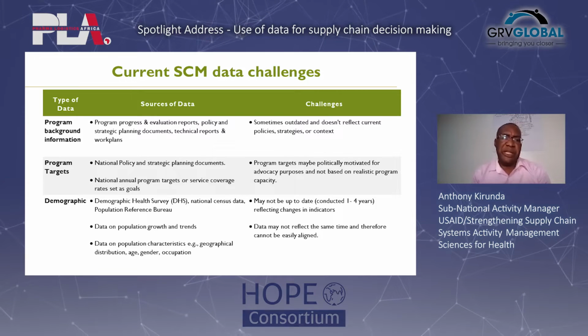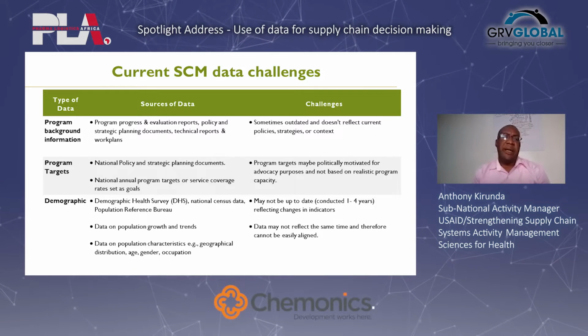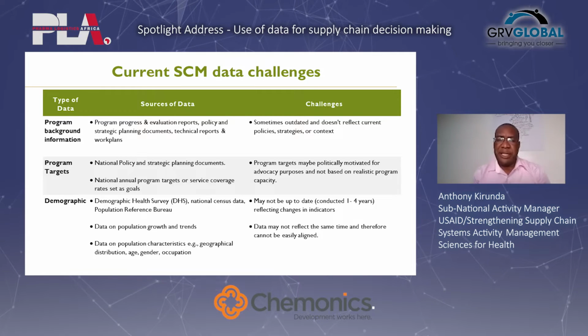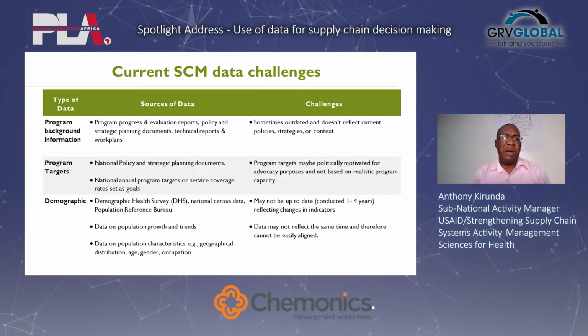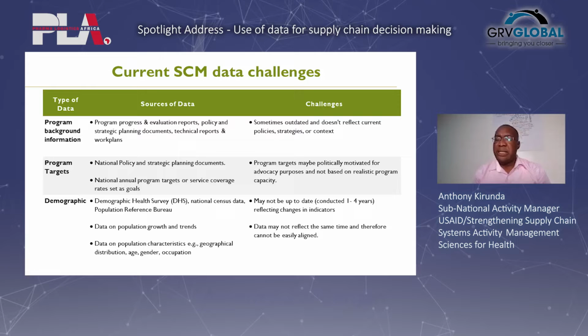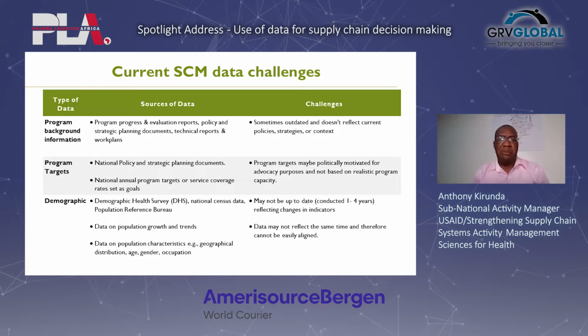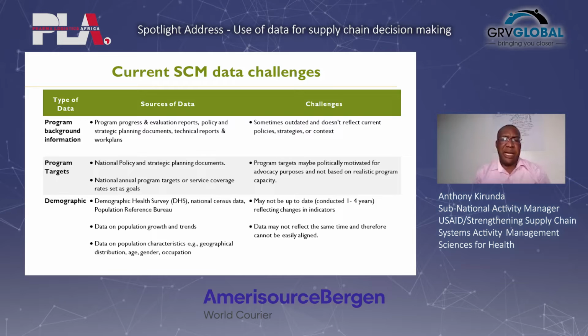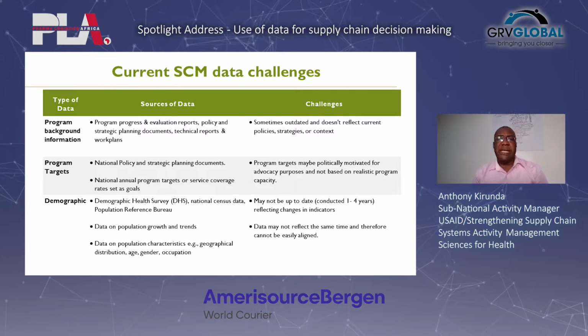For example, using Uganda as a case, we get data for supply chain from various areas, beginning from program data, program targets, and demographic data, a number of points we use. But just trying to go through this slide a little bit, which is a bit busy here.